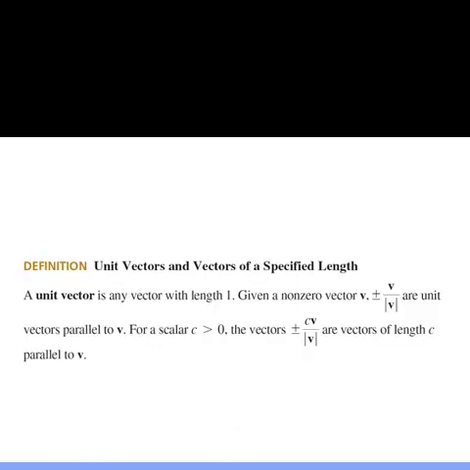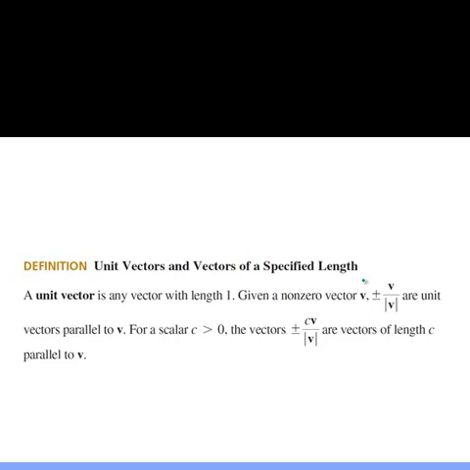So, if you want to unitize your vector v, then just take vector v divided by its magnitude. And then plus or minus, and you'll have two vectors that are parallel with vector v.